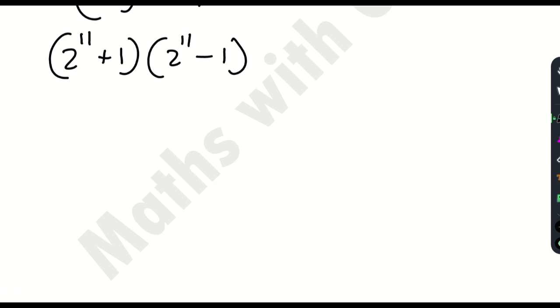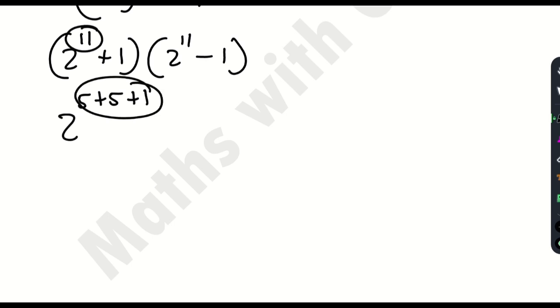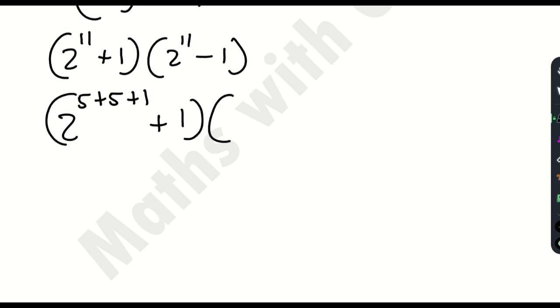Now, I'm going to write that 2 raised to the power 5 plus 5 plus 1. Remember, I just replaced 11 with 5 plus 5 plus 1. So that's plus 1 here in bracket. And then I'll do the same thing here: 2 raised to the power 5 plus 5 plus 1, then minus 1 in bracket again. How is this even going to help us?